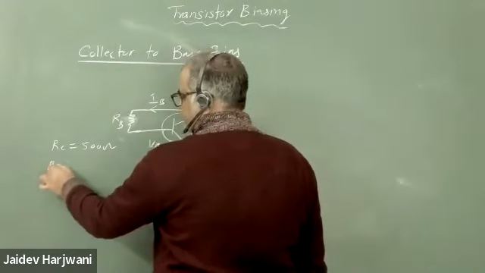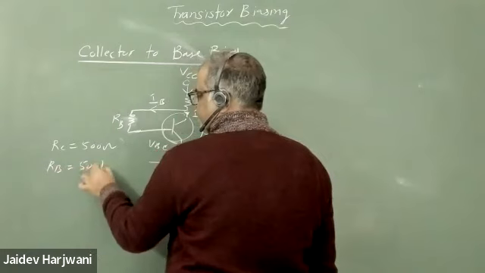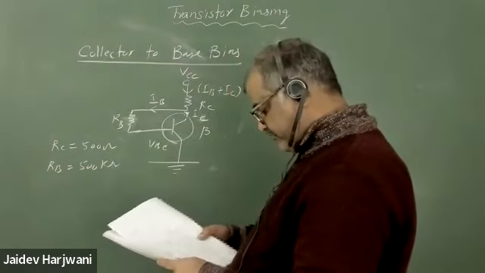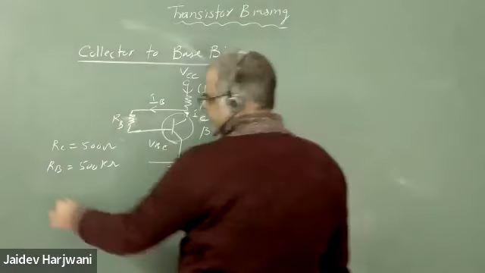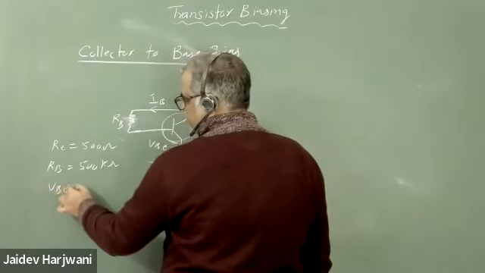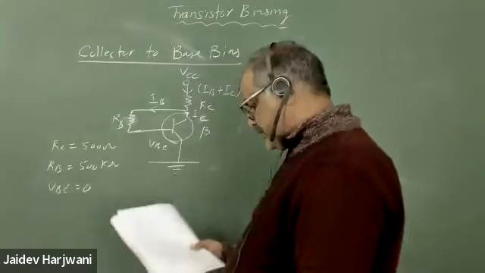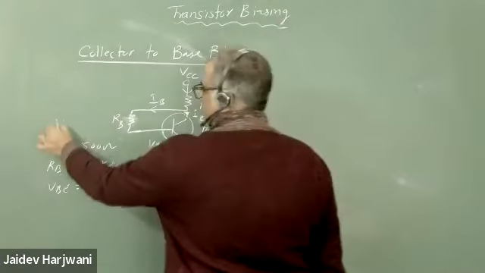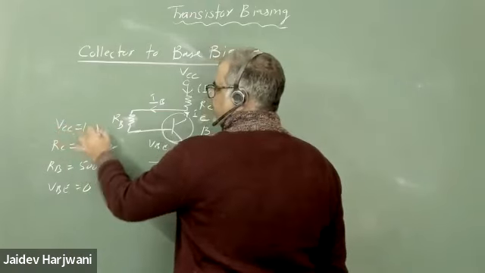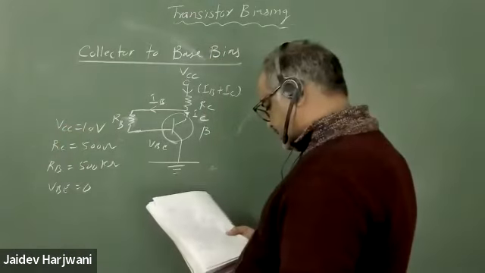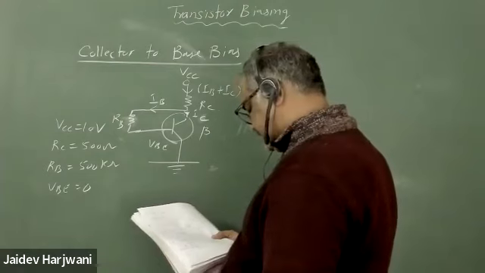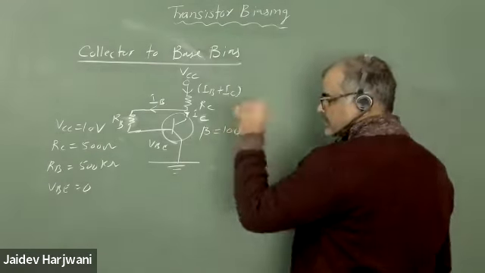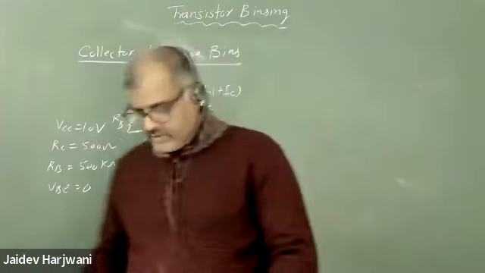RB is given 500 kilo ohm. VB you take 0. And VCC is given as 10 volt. Beta value is given 100. Calculate the operating point and operation region.